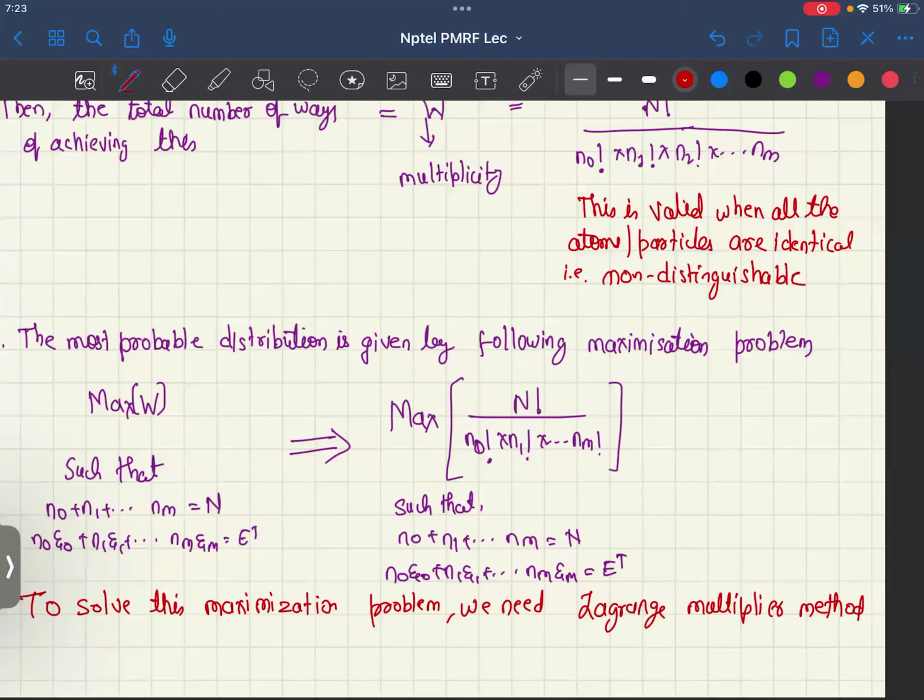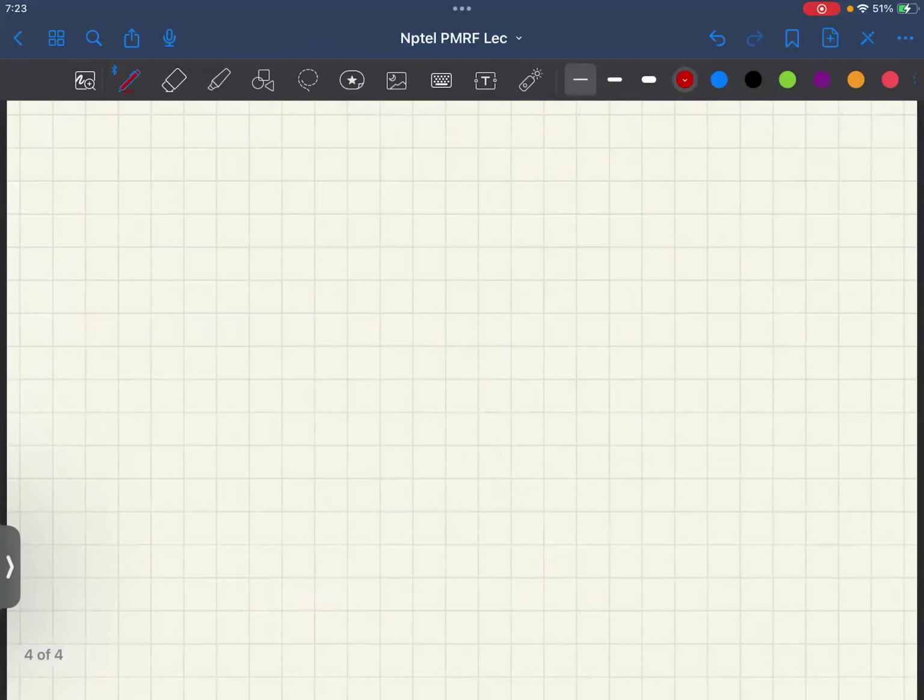Right? Now, maximizing W is nothing but equal to maximizing ln of W, because as W increases, so does the ln. And why we are using ln is because, if you remember, in the previous classes we have studied something called Stirling's approximation. When n is very high, we can write that ln of n factorial is nothing but equal to n ln n minus n, right? When the order of magnitude of n is very high, right?